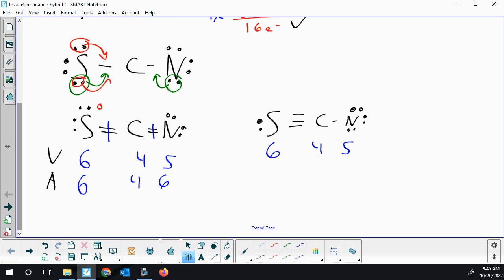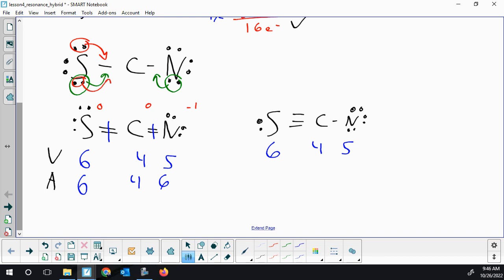Carbon is the same thing. 4 valence, we've assigned it 4. It has a formal charge of 0. Nitrogen had 5, but we've assigned it 6. We've assigned it 1 extra, so it's got a -1 formal charge. Now the formal charge should always add up to the charge of the molecule.